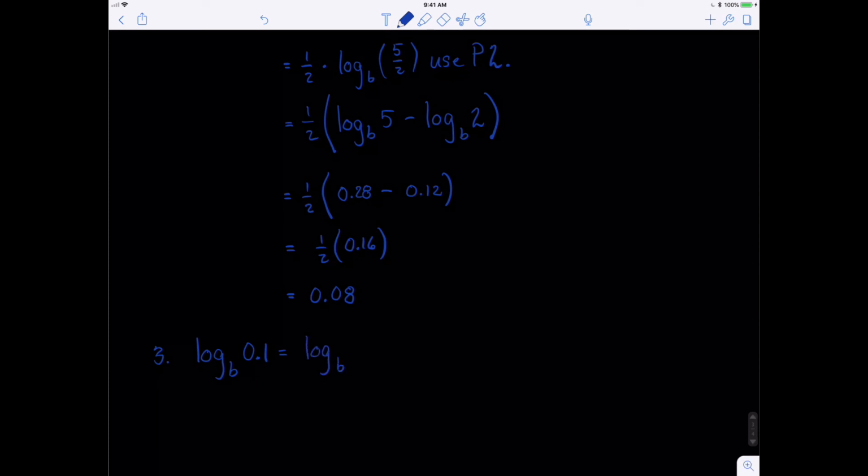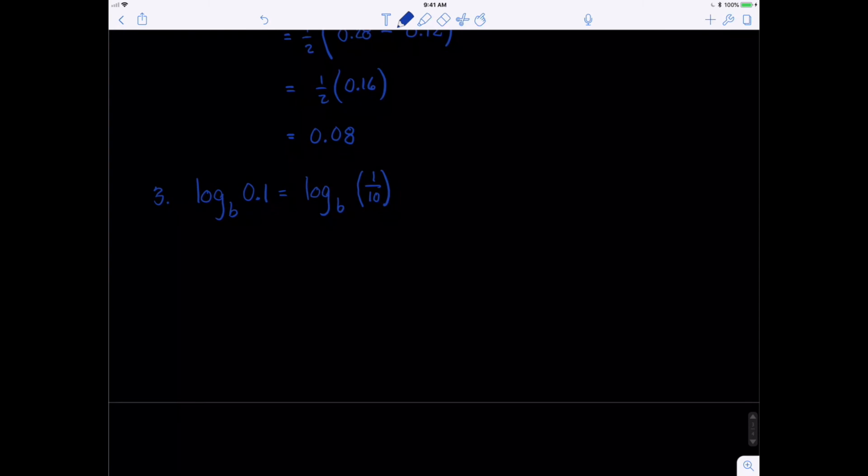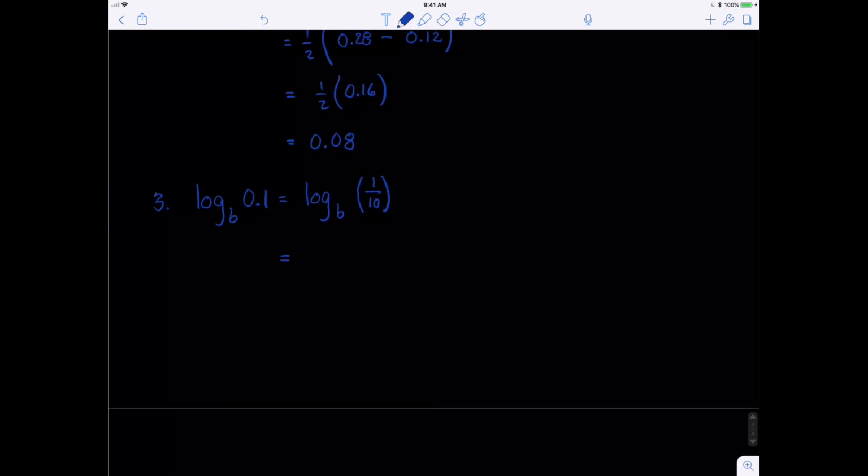Remember, we say 0.1, but another way to say this is 1/10. If you think of 0.1 as 1/10, this problem starts to unfold, because now I have a 10, and a 10 is a 2 and a 5. So I can write this as the log base b of 1 minus the log base b of 10.